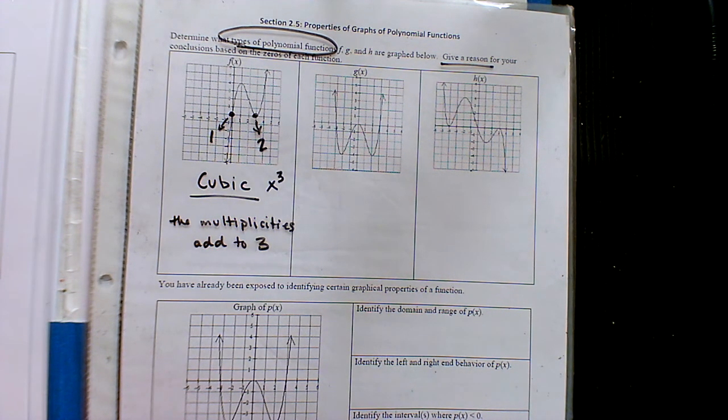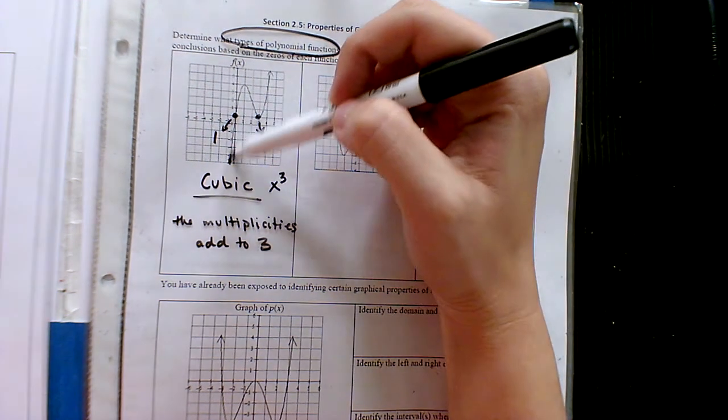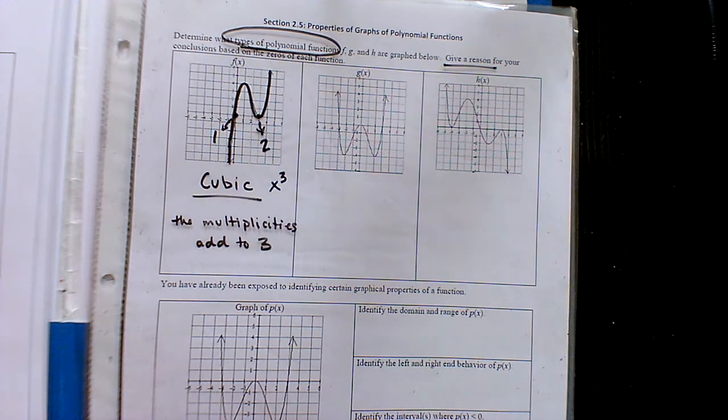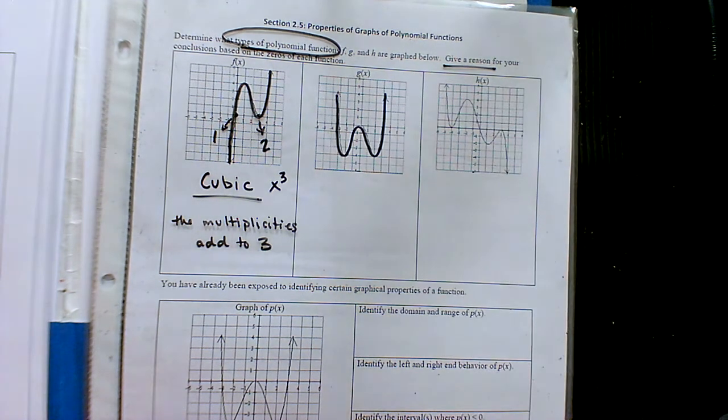What about g of x? The next one, can we name it? Maybe you can tell based off the shape, too, if you're kind of familiar with these polynomial functions. Cubic graphs always have that S shape to them. This one kind of looks like a W. Maybe look at multiplicities. What do you think, Elsie?